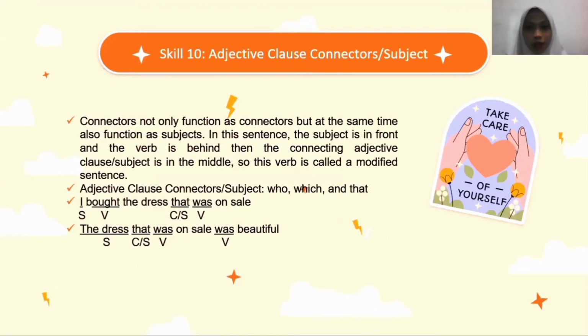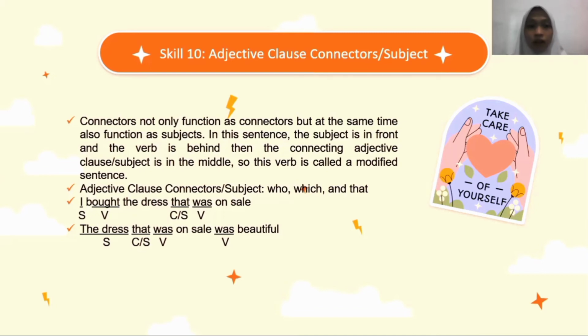Okay, let's now move on to slide 7. Skill 10. Adjective clause connector or subject. In this skill, there is who, which, and that. Connectors not only function as connectors but at the same time also function as subject. In this sentence, the subject is in front and the verb is behind, then the adjective clause connector or subject is in the middle.